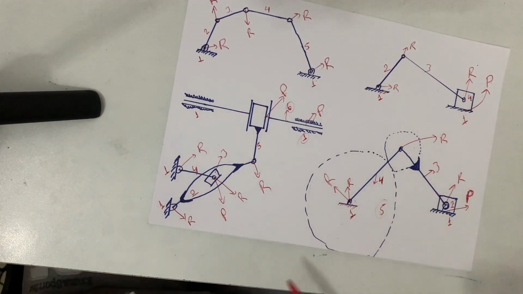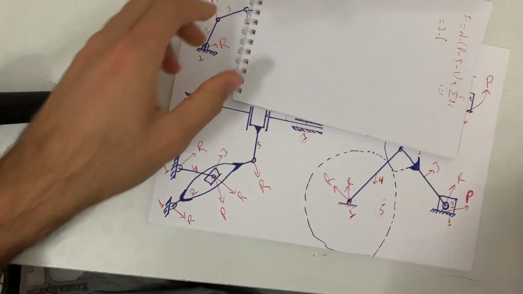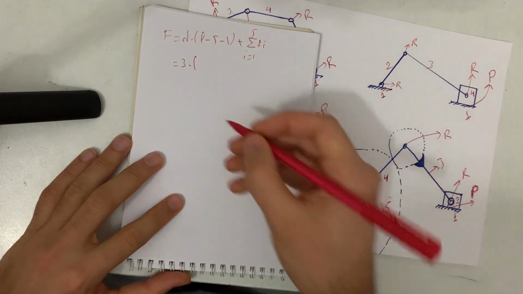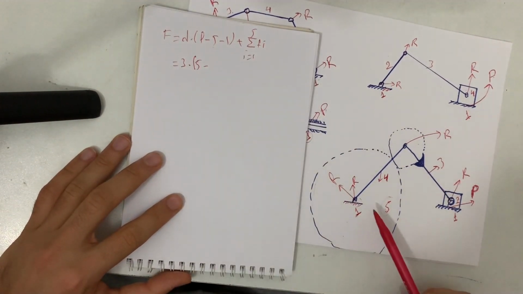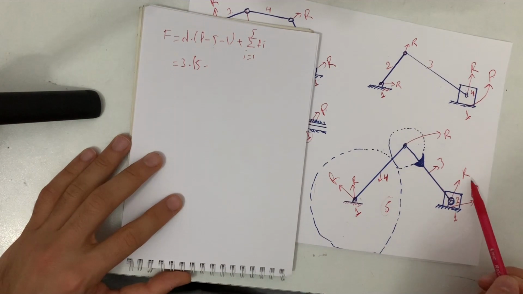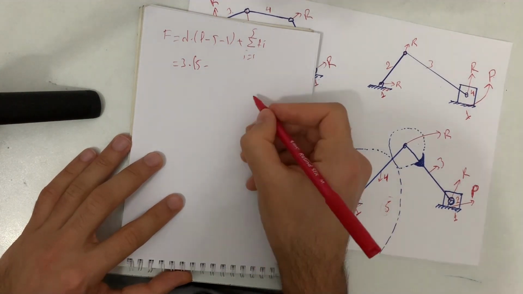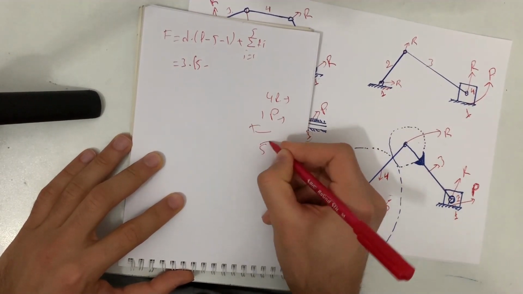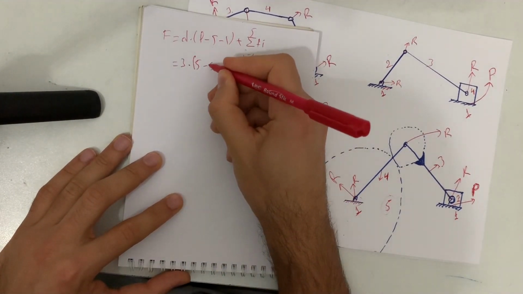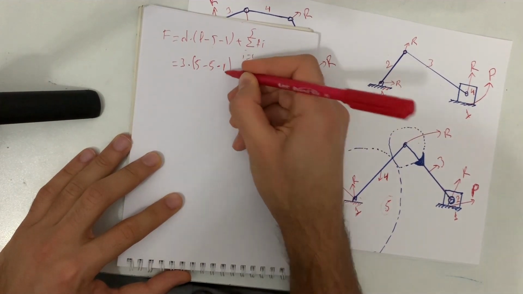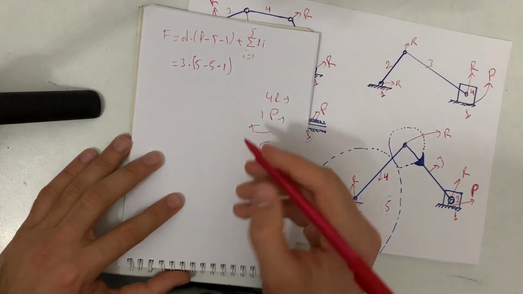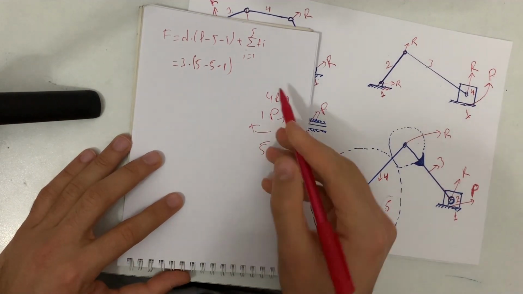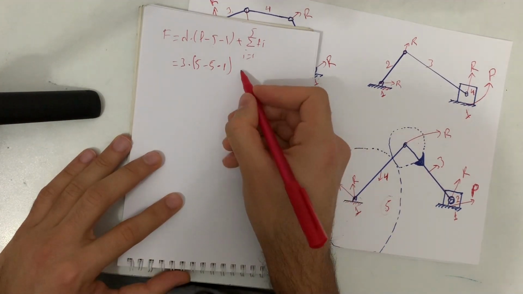Alright, so let's find our solution. We got the 5 links, and we got 1R, 2R, 3R, 4R, and 1P. So 4R and 1P, totally we have 5 joints, right? And minus 1, right? 1, 2, 3, 4, 5. Okay, I think that's true.